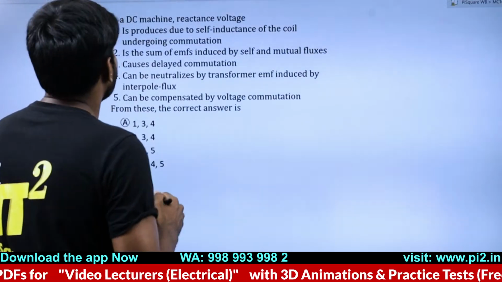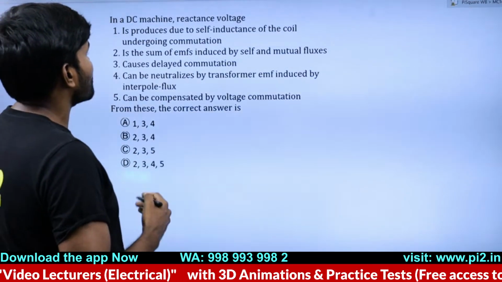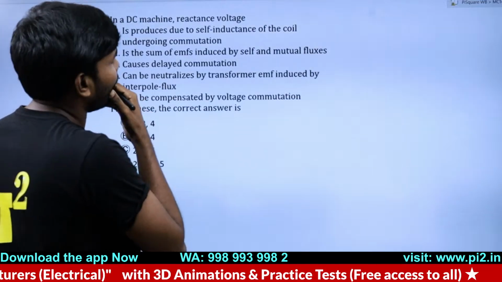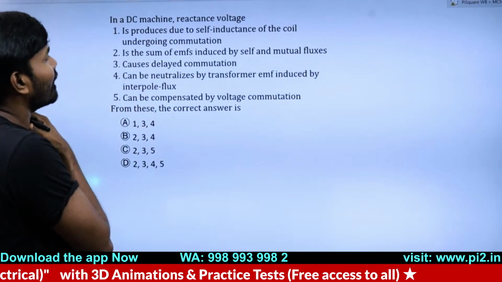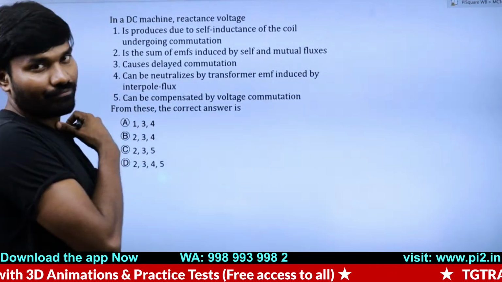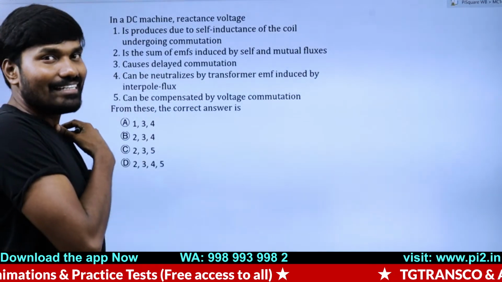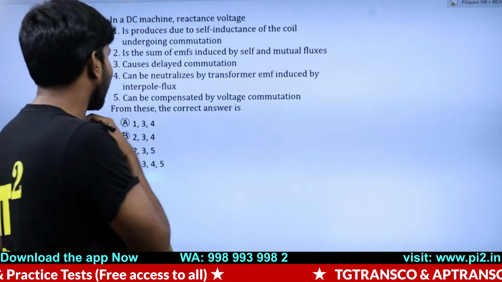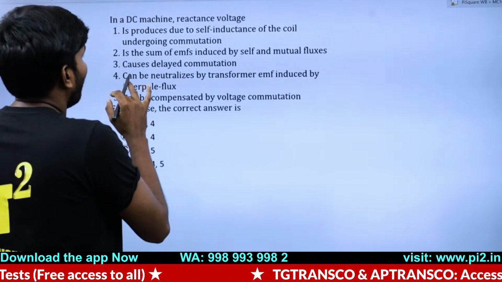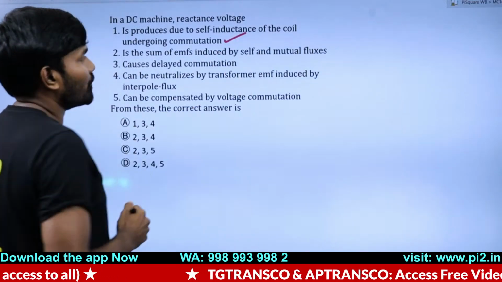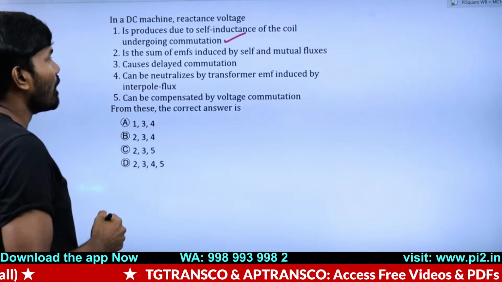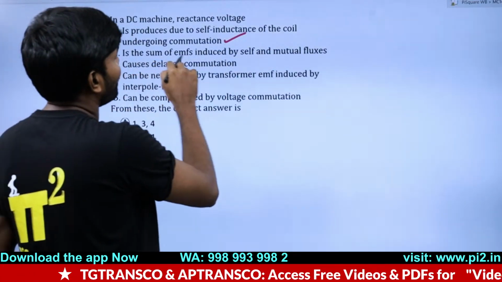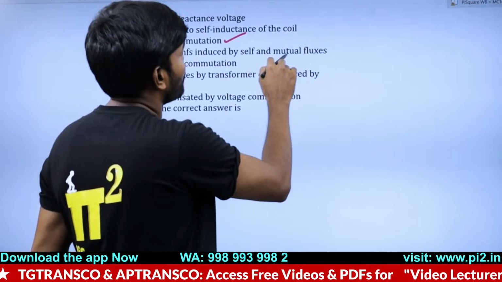Reactance voltage is produced due to the self-inductance of the coil undergoing commutation. It is definitely true. Next one: it is a sum of EMF induced by self and mutual fluxes.